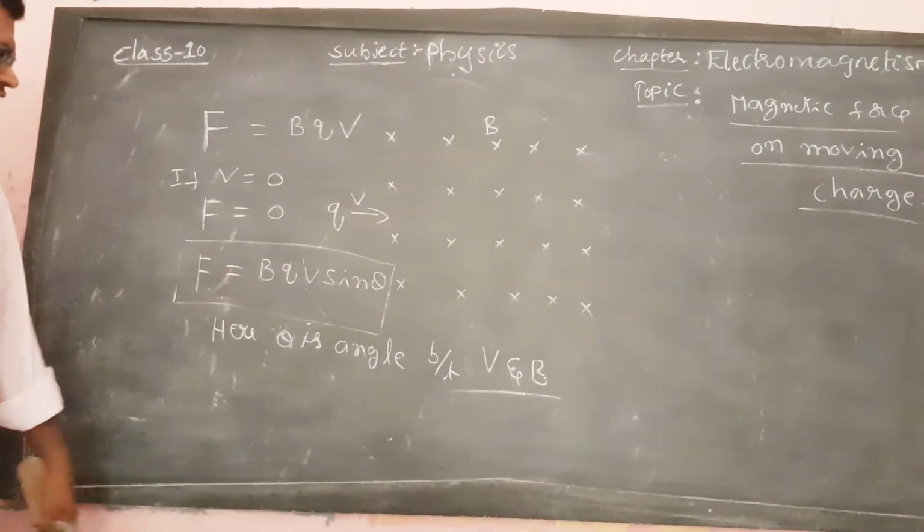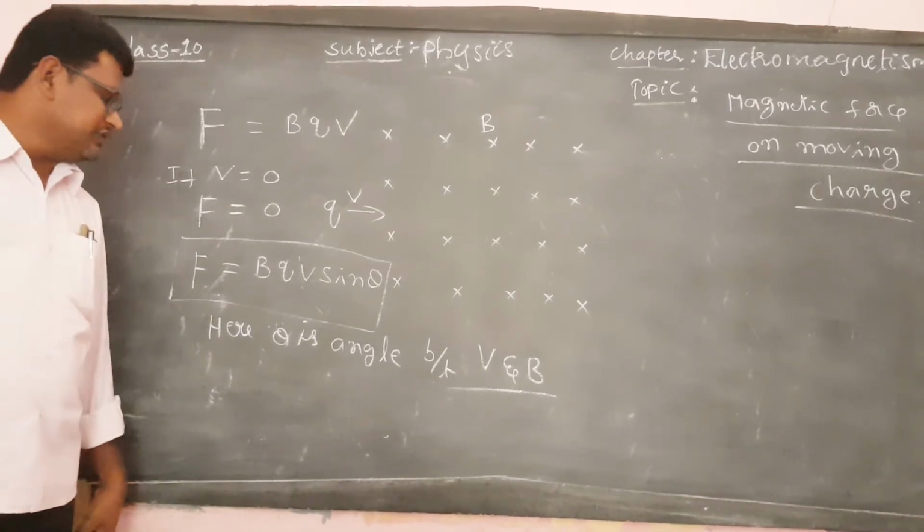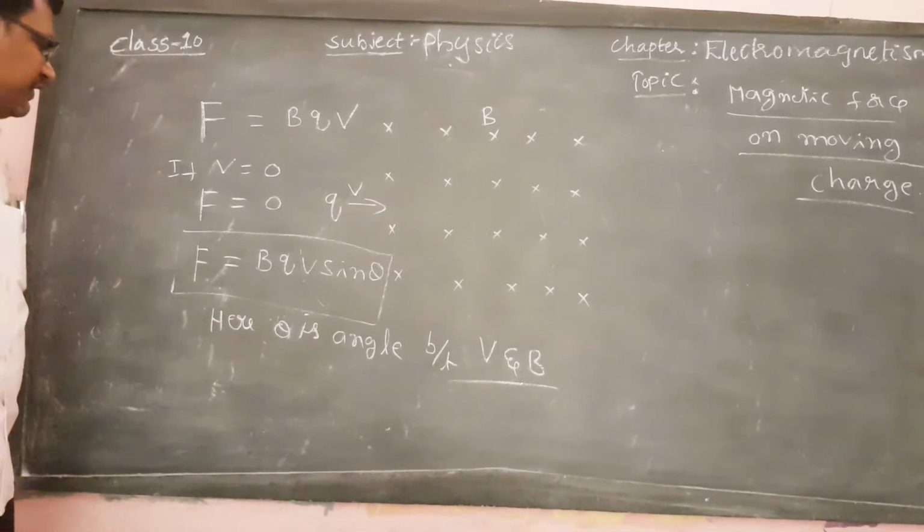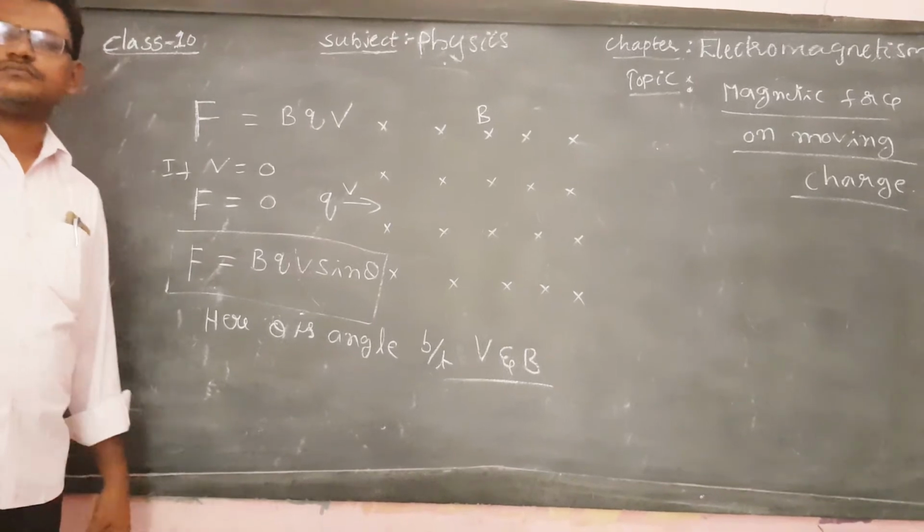So this is the expression of the magnetic force: F equals BQV sin theta.